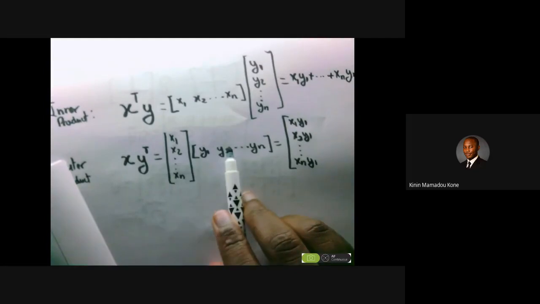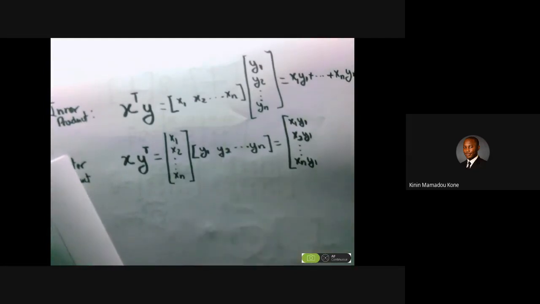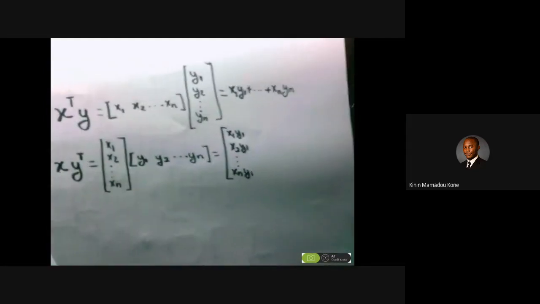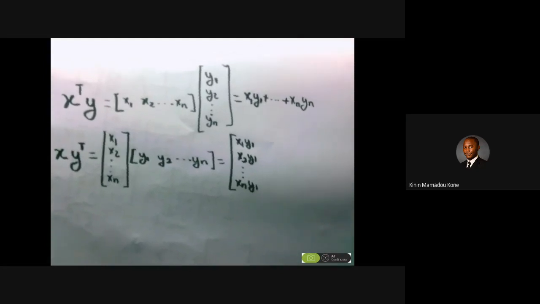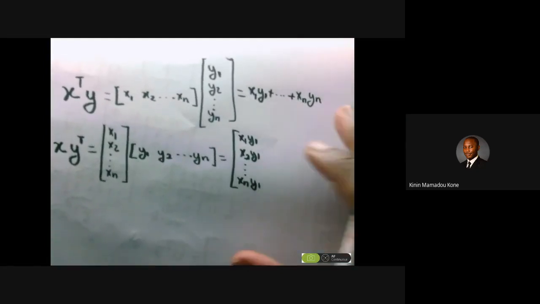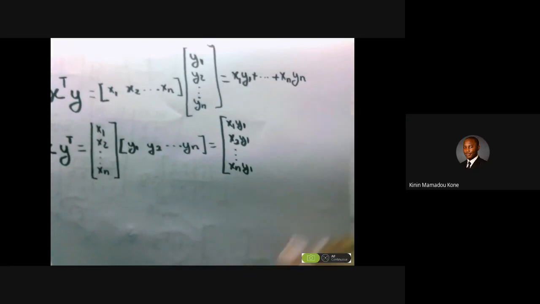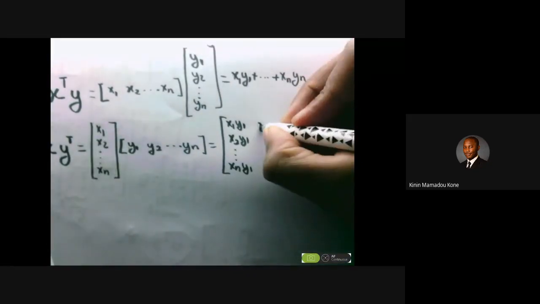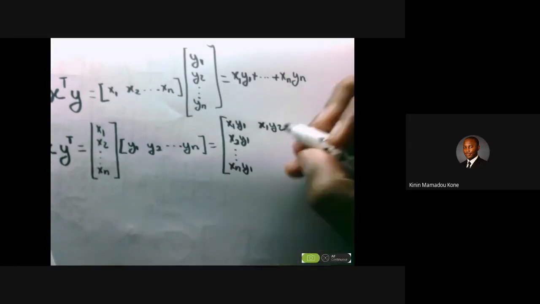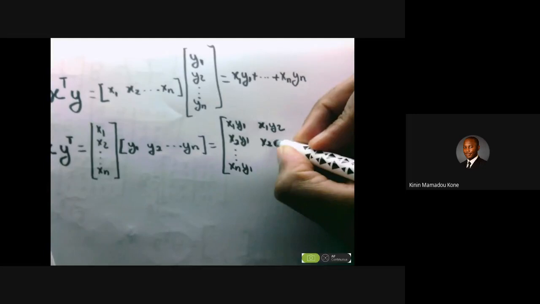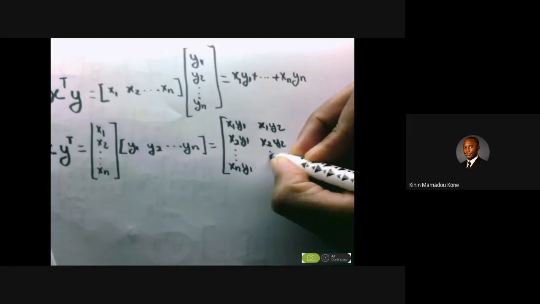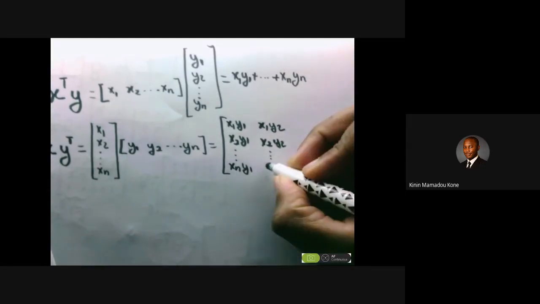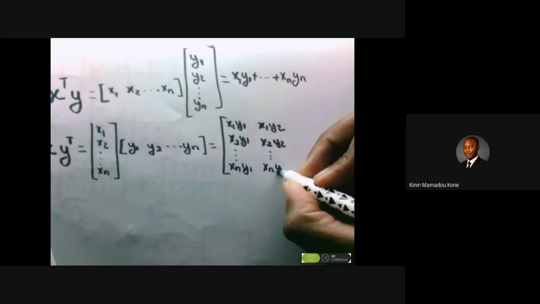Now you move on to the next column. This row times this column over here, x1 times y2. This row times this column over here, x2 times y2, all the way to xn y2.